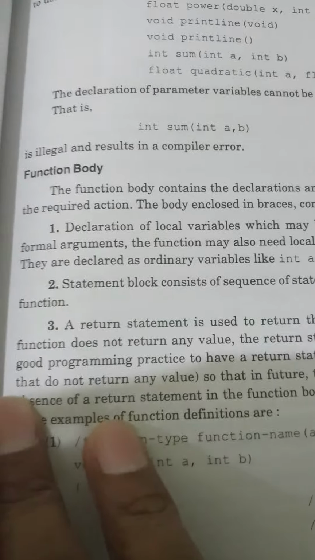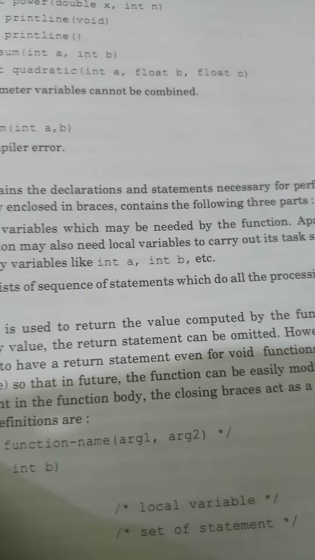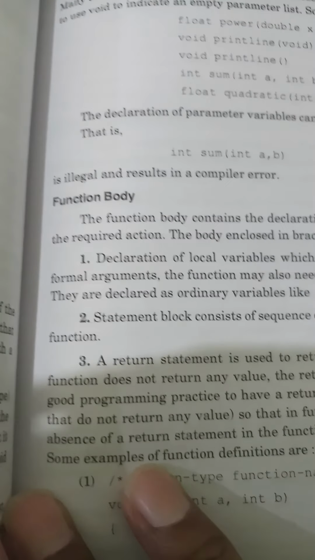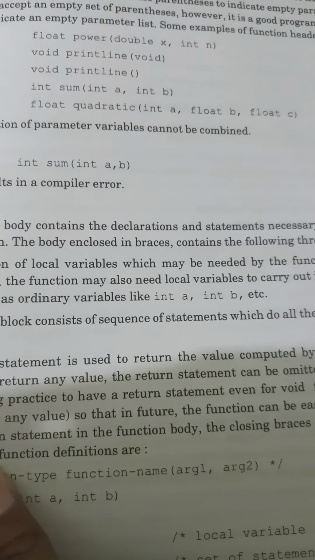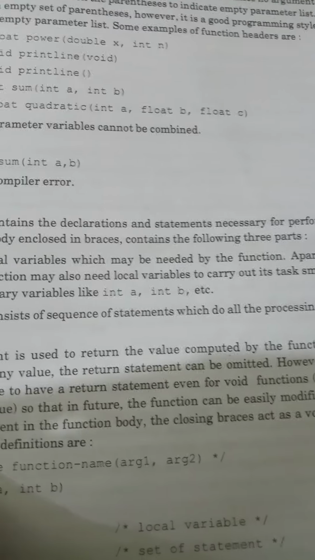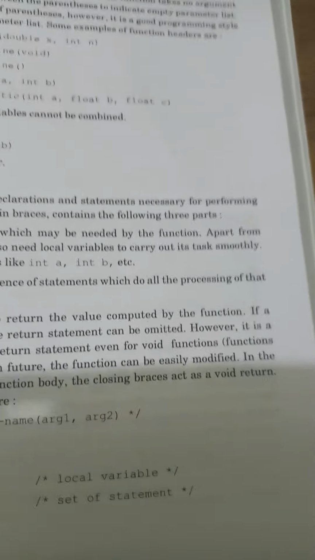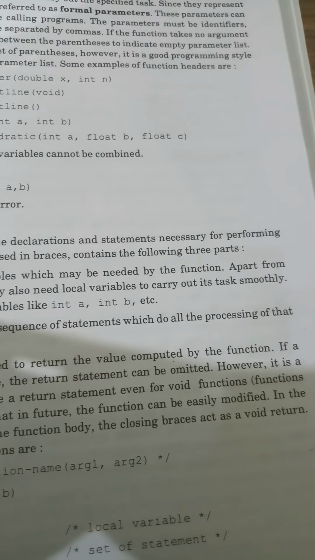The first part should be: declaration of local variables which may be needed by the function. Apart from formal arguments, the function may also need local variables to carry out its task.